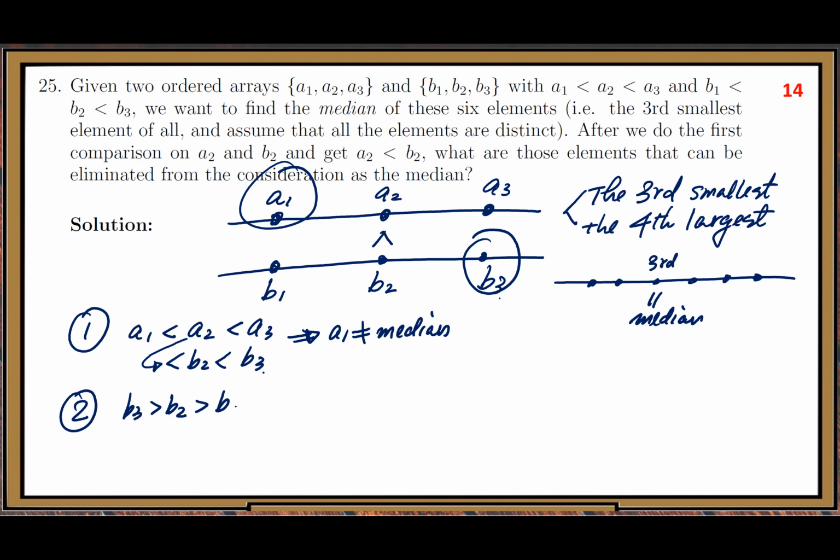And B2 is greater than A2, which is greater than A1. See, B3 is greater than 4 elements, but the median can only be greater than 2 elements, right? So B3 cannot be the median.